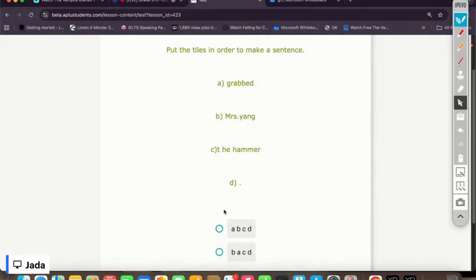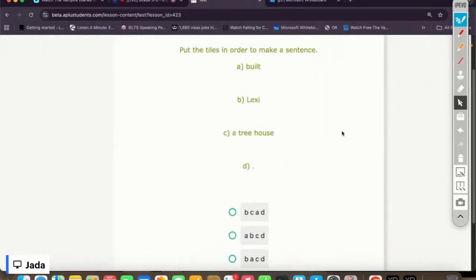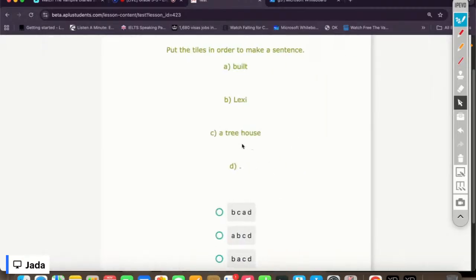Okay, so Mrs. Young grabbed the hammer. So the second. Then built, Lexi, a tree house. First, second, or third?